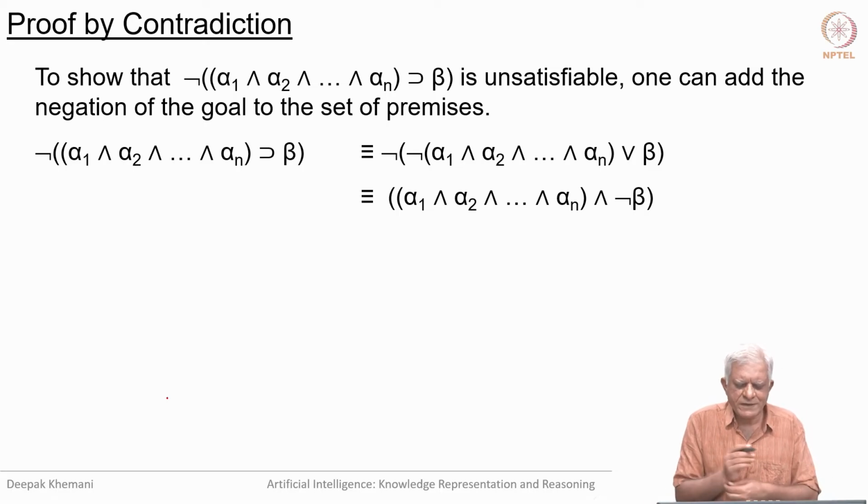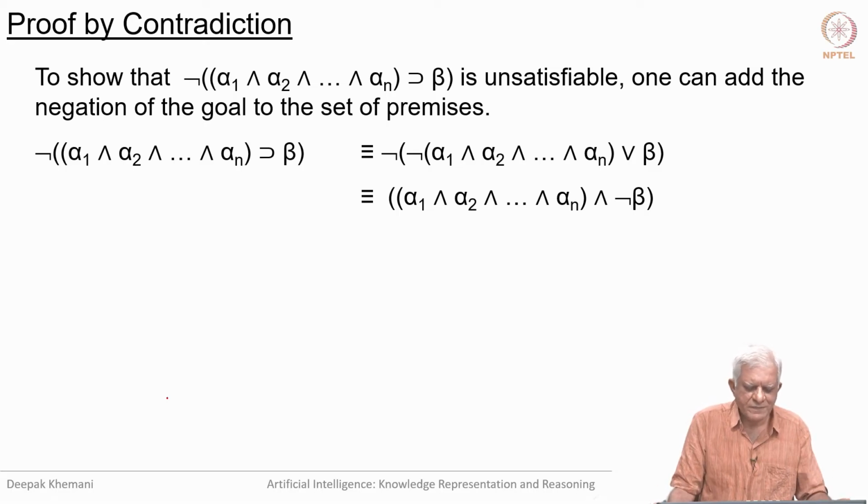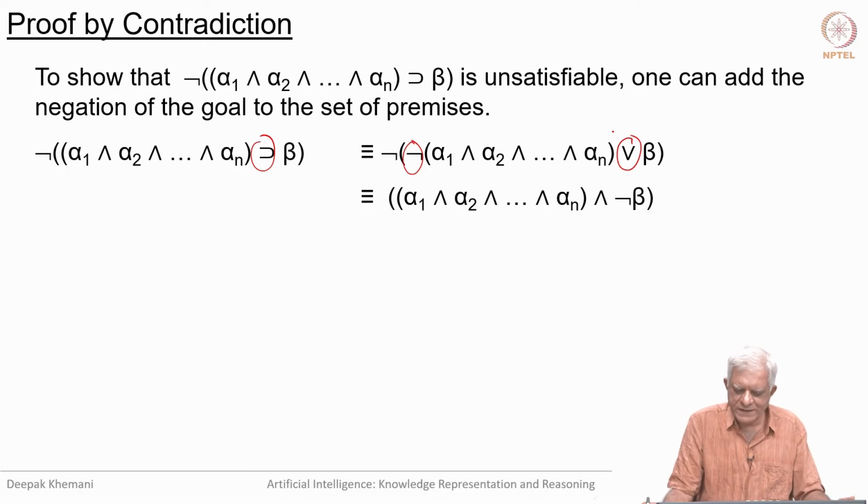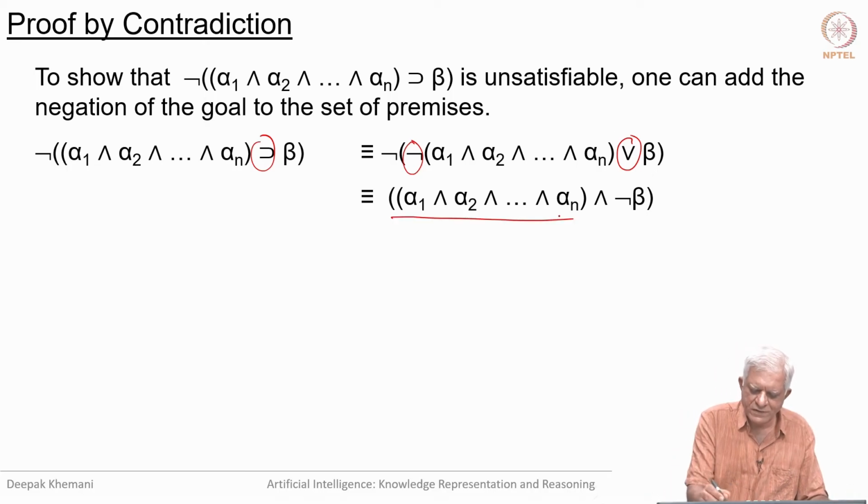We are basically eliminating the implication from this here. If you want to show that alpha 1 and alpha 2 up to alpha n implies beta, then we can push that not inside and replace implication by not and or. So, this implication has been replaced by this not and this or, and once we put the not again inside, then you can see that what you get is the original formula plus the negation of the goal essentially.